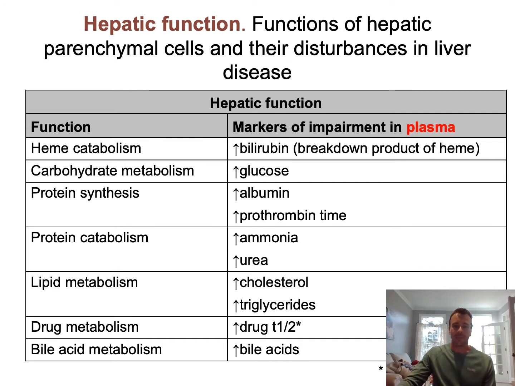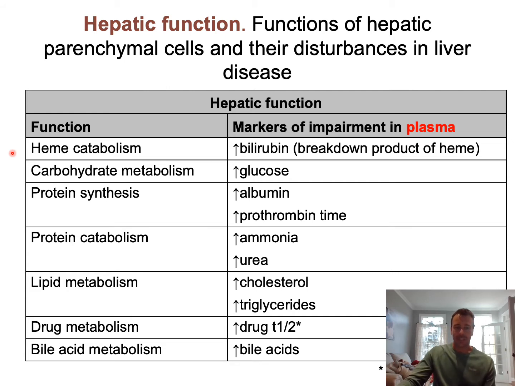So for example, one of the main functions of the liver is metabolism of heme. When this is malfunctioning, you see higher levels of bilirubin in plasma. Carbohydrate metabolism is another function. You can see higher levels of glucose in the plasma when this is disturbed.